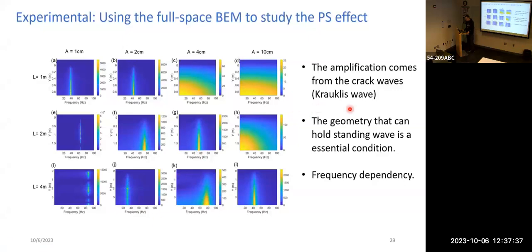And the geometry is important. The geometry needs to hold the resonance or standing wave in the fracture. And it has a frequency dependency. You can see the peak does not appear randomly. It has some distribution. So that is the frequency dependency.